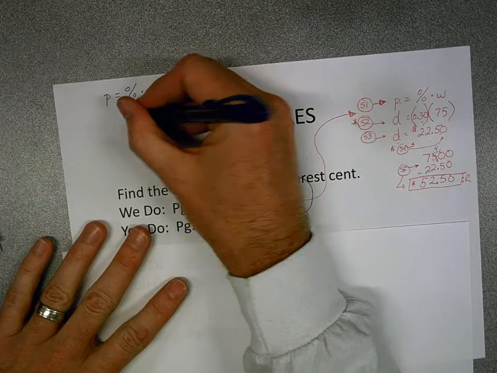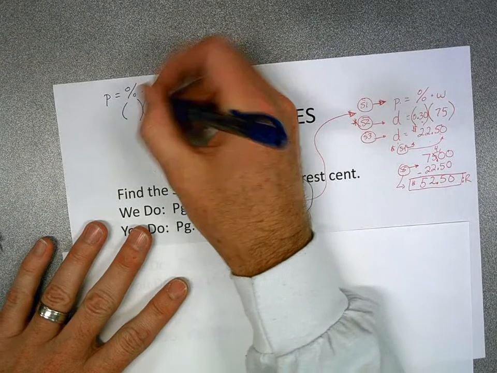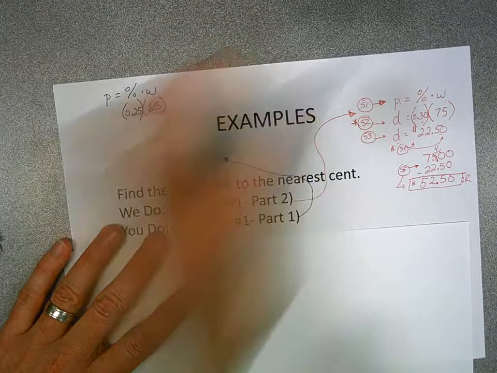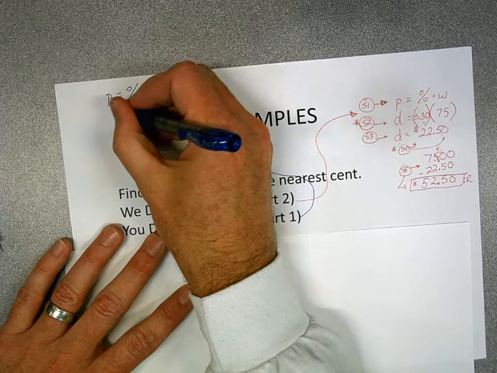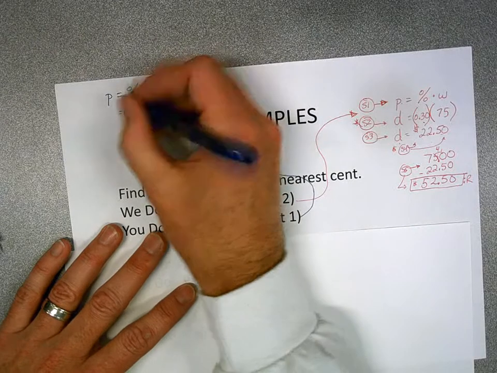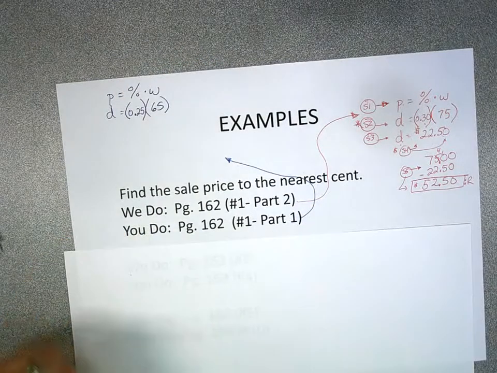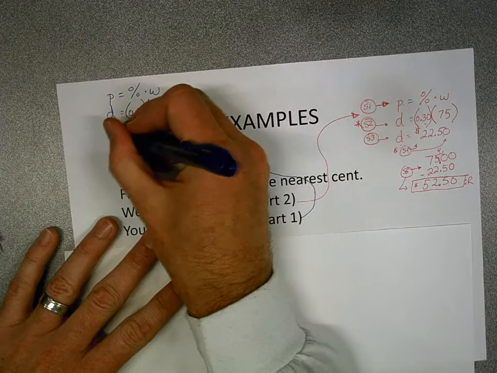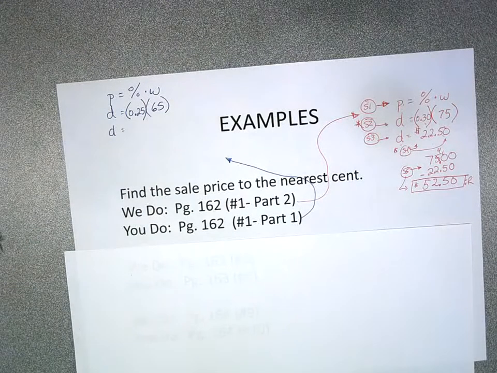So I plug that in as a decimal. 0.25, 25 hundredths. Now because this is the discount percentage, I'm putting discount here. So now when we simplify it, I'm going to find out what the discount is.